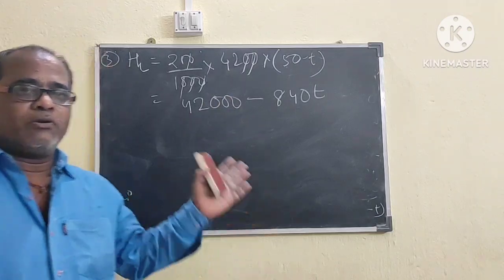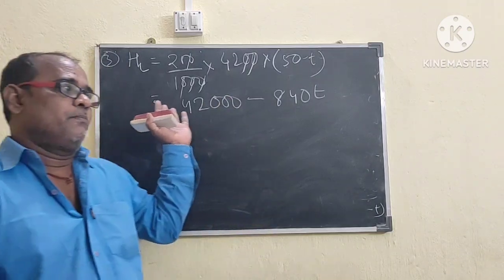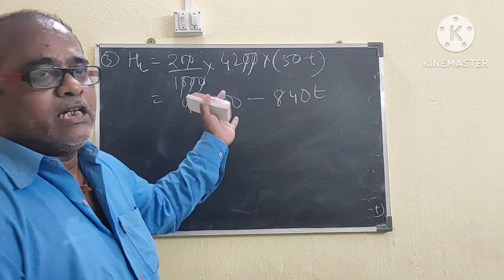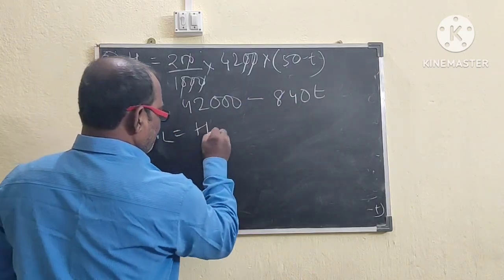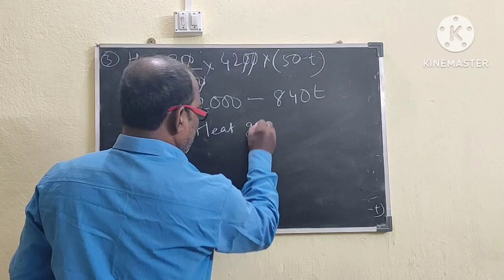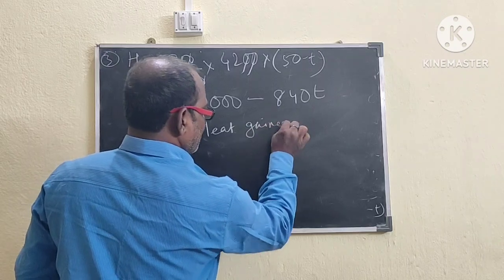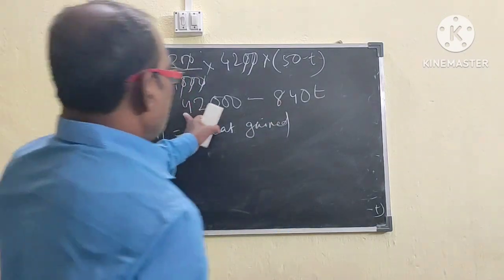Again, now you have to write down over here by the principle of calorimetry, heat loss is equal to heat gain. Heat loss is equals to heat gain. So here the heat loss was this one.